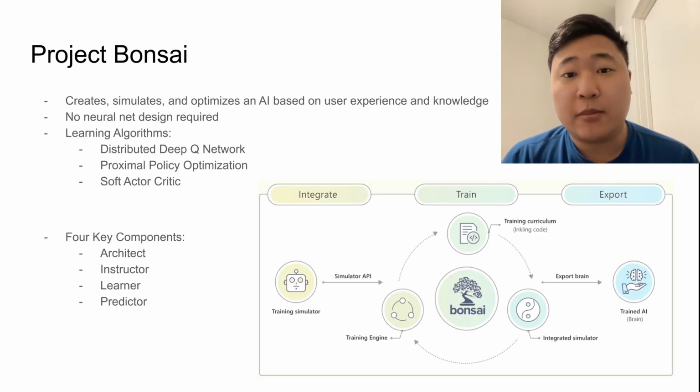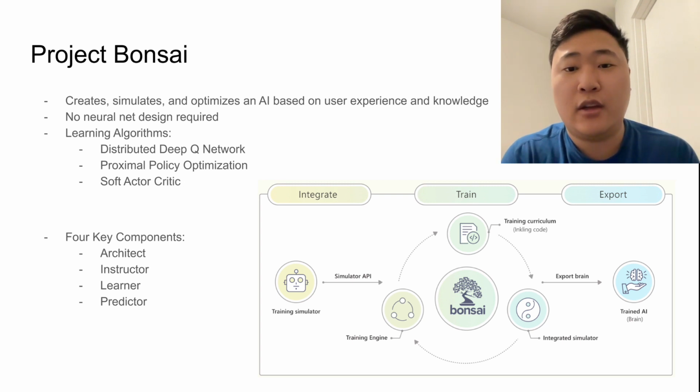A part of the Autonomous Systems Suite from Microsoft Azure, Project Bonsai is a low-code AI platform that accelerates AI-powered automation development. Bonsai provides an intuitive interface for developers to create AI with real-world knowledge and experience as models for simulations without the need for neural net design.